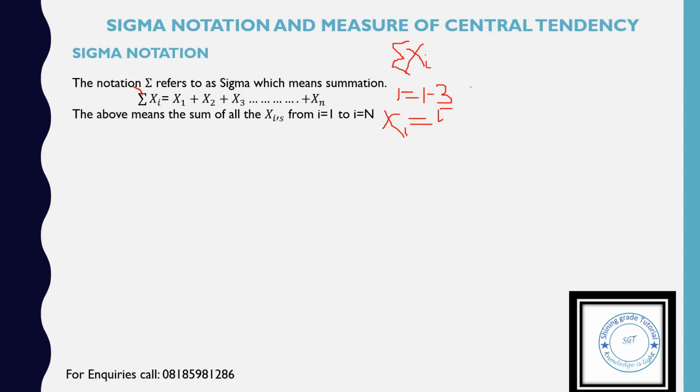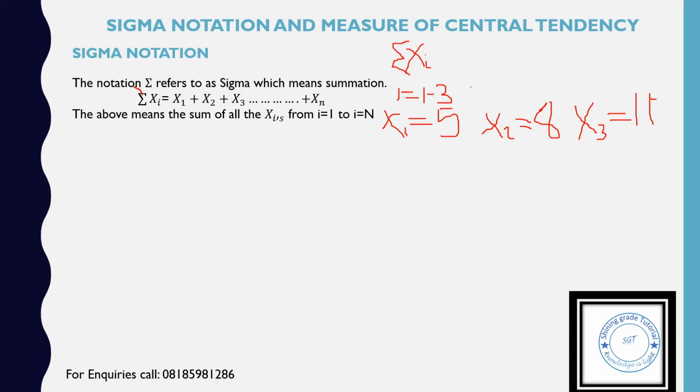In the illustration, we're given that x2 is equal to 8. That's the given value, and as well we're given that x3 is equal to 11.